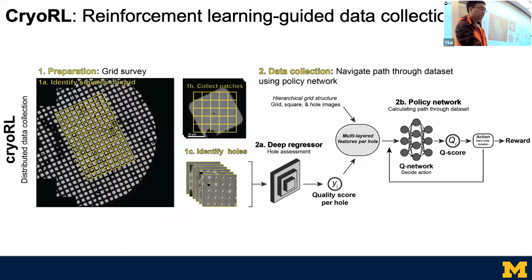And based on the hierarchical grid structure, we combine this information with the quality score and engineer a feature used as input for the policy network. The policy network will output a trajectory of actions, basically a trajectory of holes that it thinks you should collect the micrograph from.